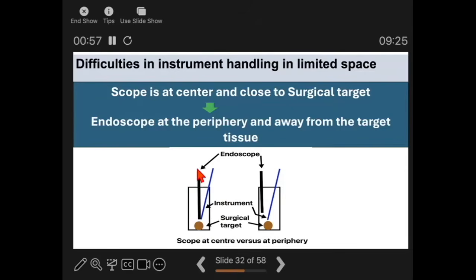So if the endoscope is placed in the center and very close to the surgical target, then the instrument manipulation will be hindered by the endoscope itself. On the other hand, if the endoscope is placed at the periphery and away from the surgical target, the instrument manipulation will be very easy.